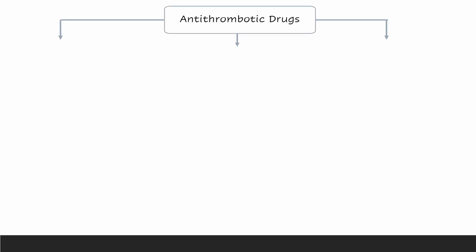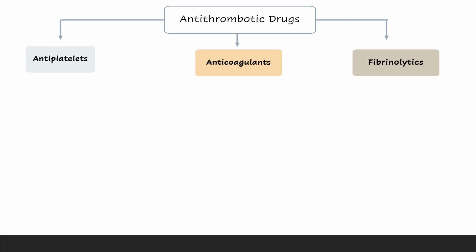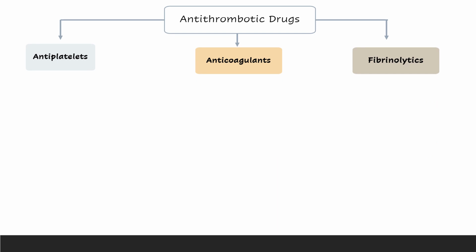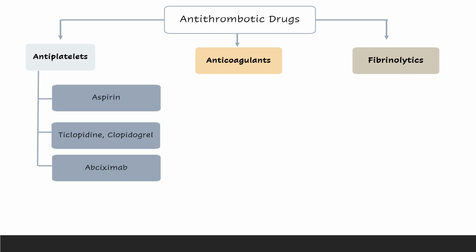So to treat thrombosis or thromboembolism, we use antithrombotic drugs, and 3 types of antithrombotic drugs are used: antiplatelets, anticoagulants, and fibrinolytics. The drugs we'll discuss in this lecture for antiplatelets are aspirin, ticlopidine, clopidogrel, and abciximab.